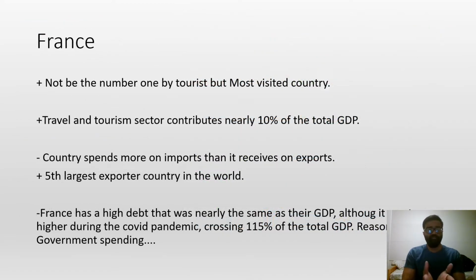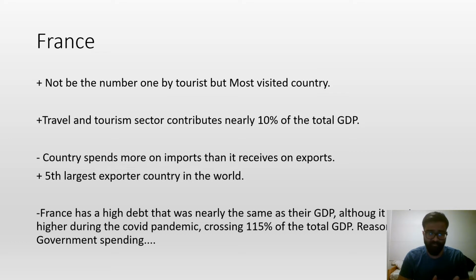There are some points which we will get from the assessment. There are some positive points and some negatives, but all the points are crucial, and the points are: France has not been number one for tourists, but is the most visited country in the world.